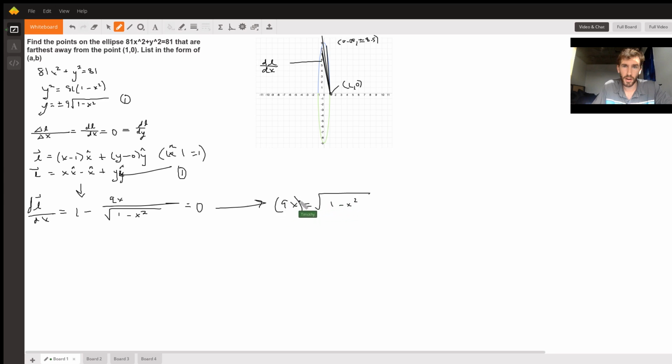Square both sides. And we'll get 81x squared is going to be equal to 1 minus x squared. And that leaves us with 82x squared is equal to 1.